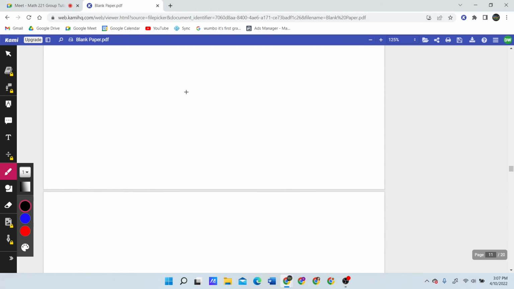So for this first one here, let's say I have log of numerator 4x times x cubed plus 1, denominator 3x minus 6, close parenthesis. And I want to see how I would expand this. So the first thing I would say is I have two things in the numerator.